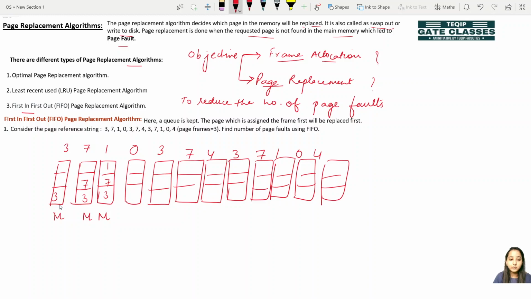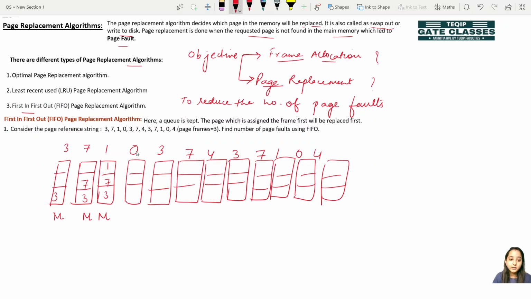The number of times you have to replace a page in memory or add a new page causes a page fault, or you can say a miss occurs. Now a new page 0 arrives, which is not present here.